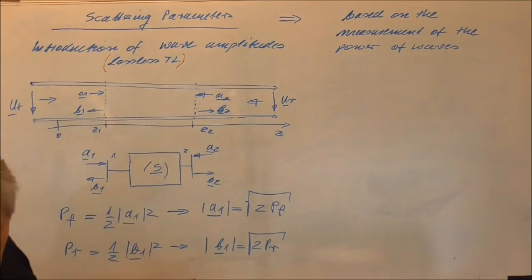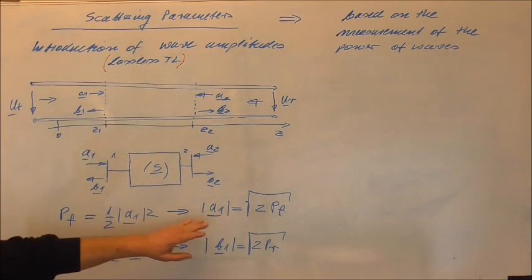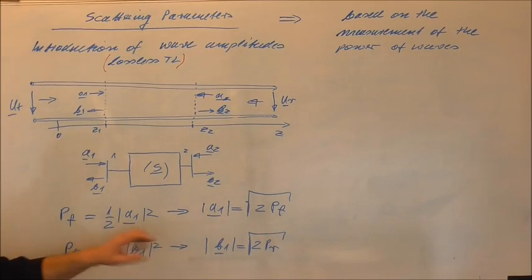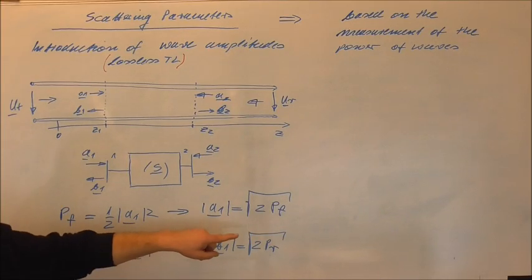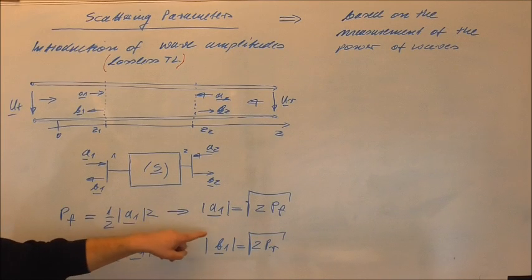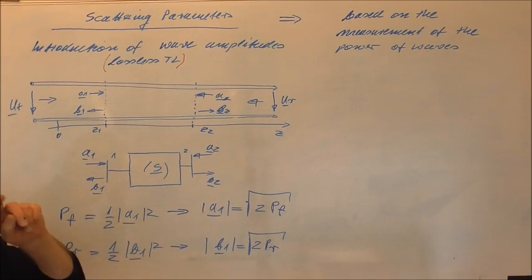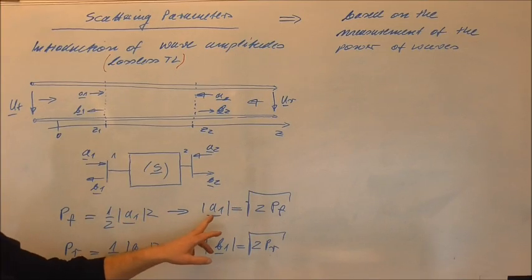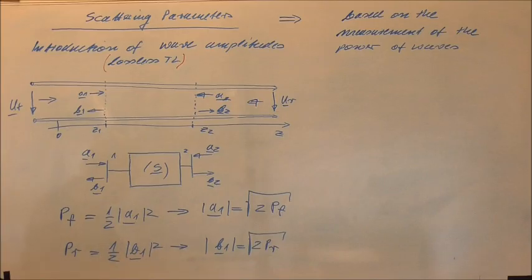But as you see, with the help of these equations, we are only able to calculate or to assign an absolute value to the wave amplitudes, but we cannot define the phases.